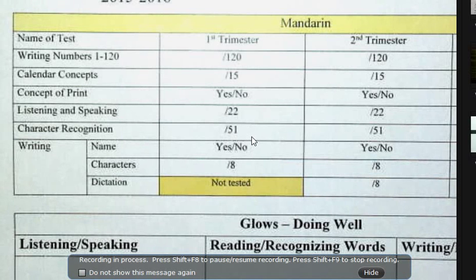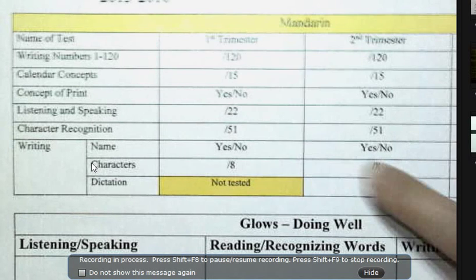Okay, do they know their names? Oh, this is really important. We practice writing their names every day. However, during the benchmark assessments, I realized that some of them put letters in different squares. I'll show you that when we actually conference with you. Also, this part is just writing.